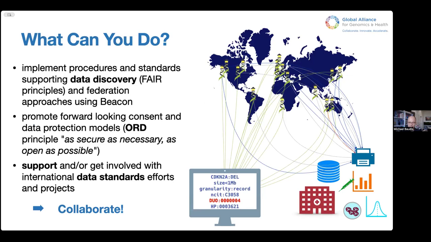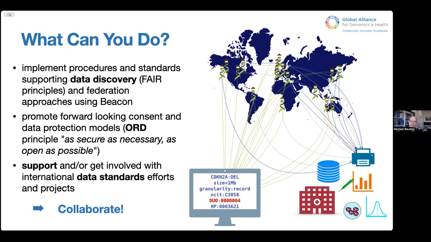So what can you do as somebody interested in genomic and phenoclinical data, and access to such data combined with genomic data? The important point is that whatever data you're producing, your users will support FAIR data principles.